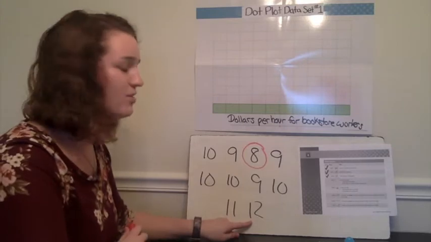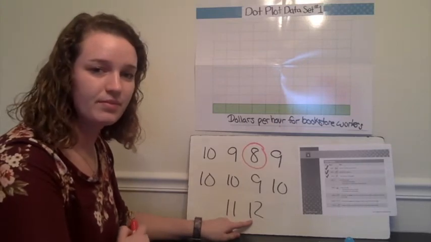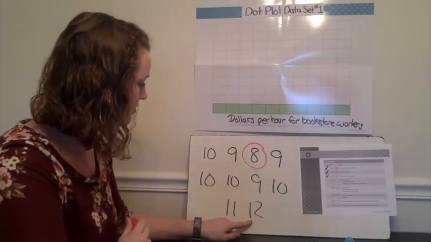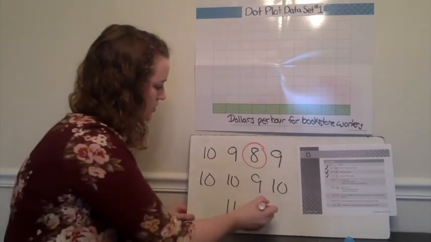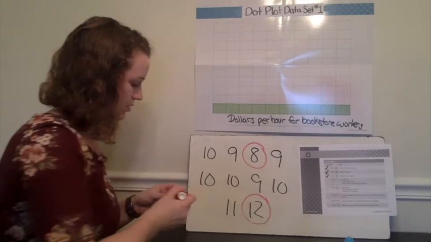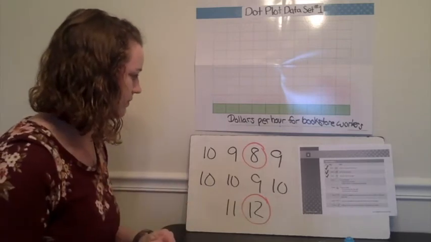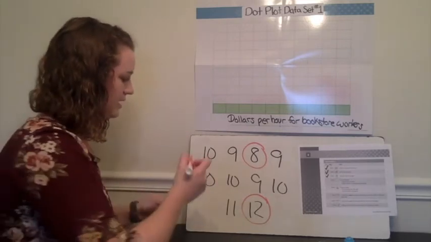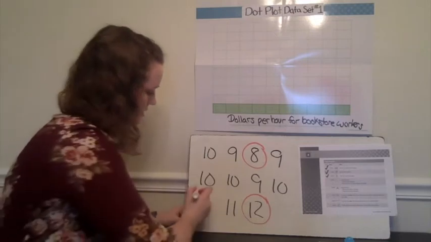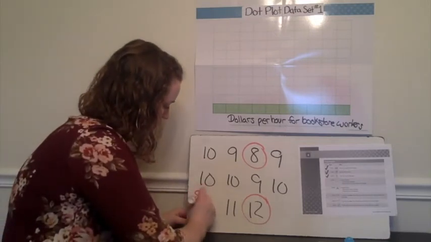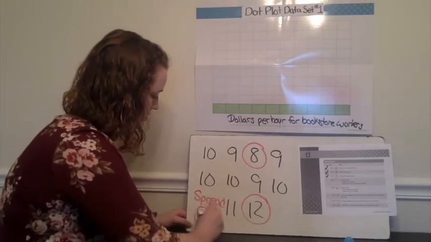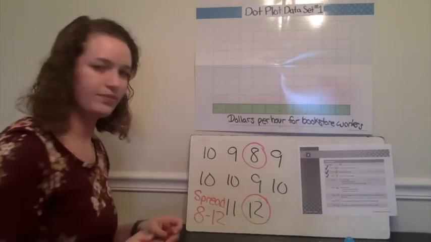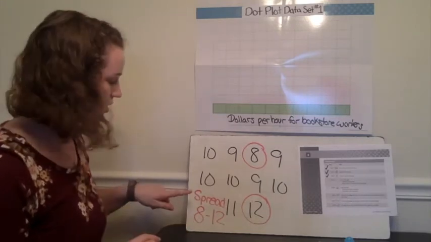Do we see 13? Do you see 13? No? So 12 is our biggest number. Okay? So our spread, let me write it down here. Spread is from 8 to 12. Our spread is from 8 to 12.